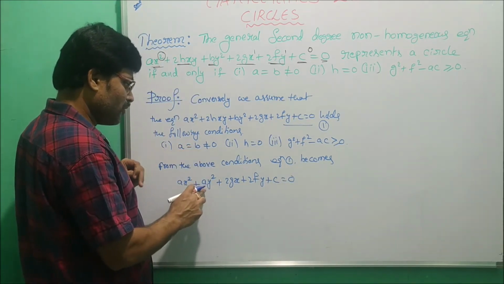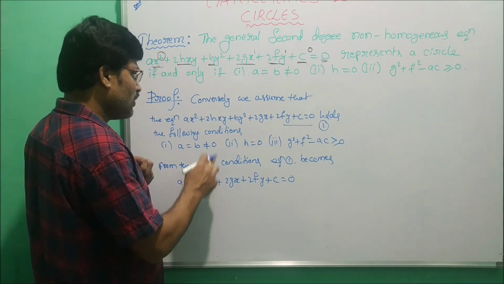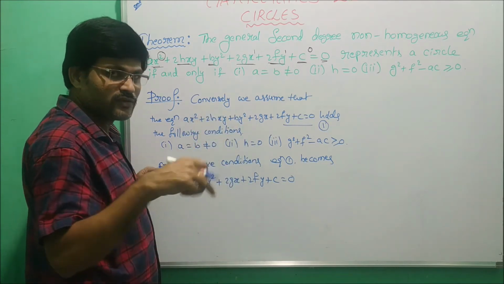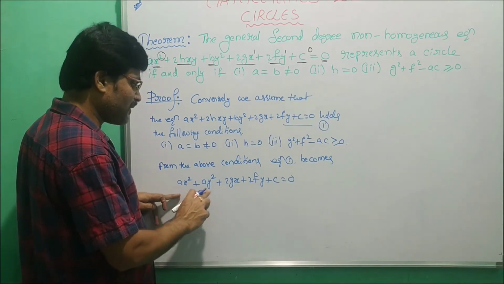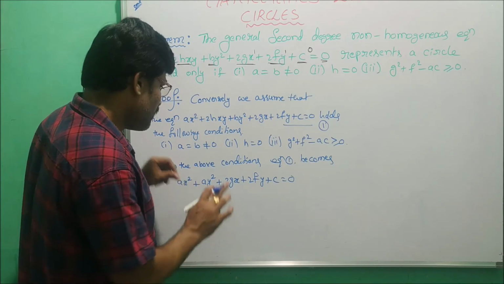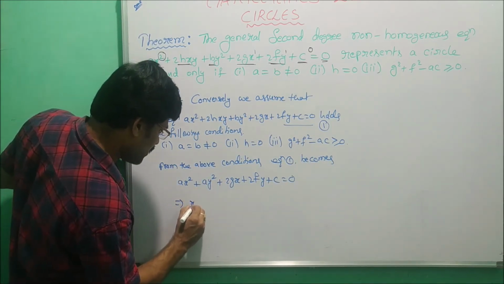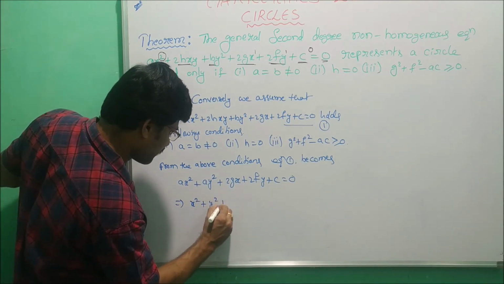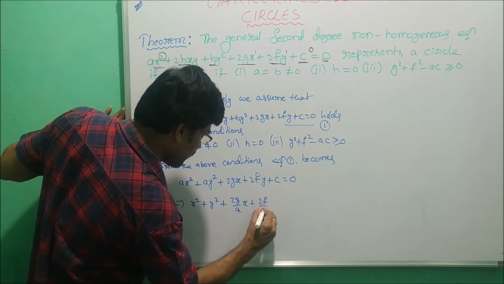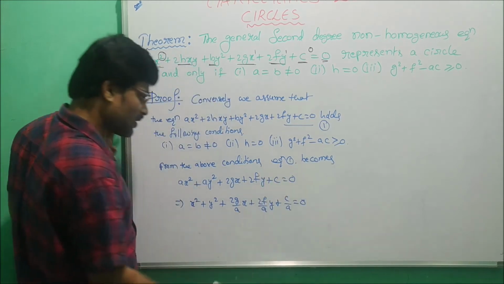Now we substitute b equals a in this equation, and also we substitute h equals 0 in equation 1. Then we get the xy term equals 0. Therefore we write ax square plus ay square plus 2gx plus 2fy plus c equals 0. Now we divide with a on both sides. x square plus y square plus 2g by a x plus 2f by a y plus c by a equals 0.